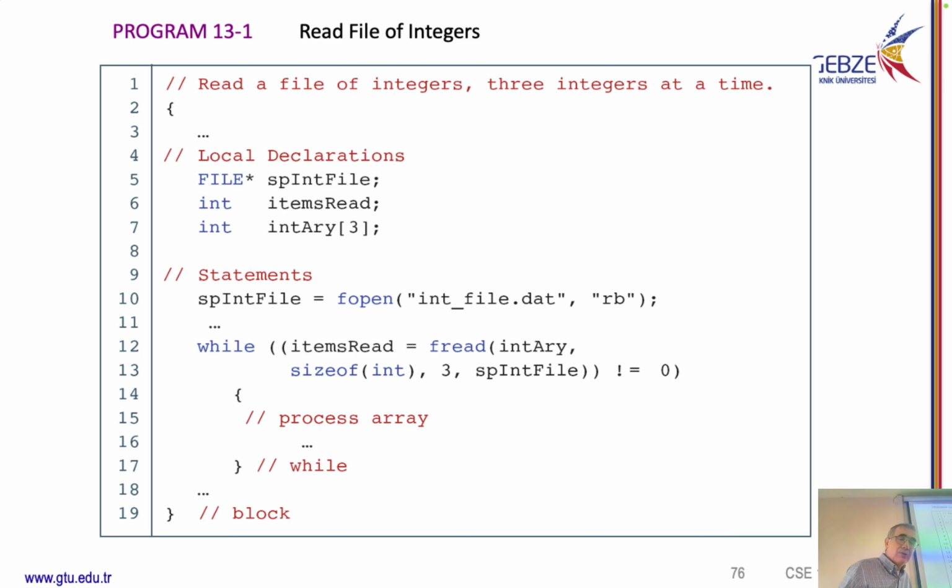As you see, we have not equals to 0 here. So it means, can we read it? If we can't, the while loop exits.